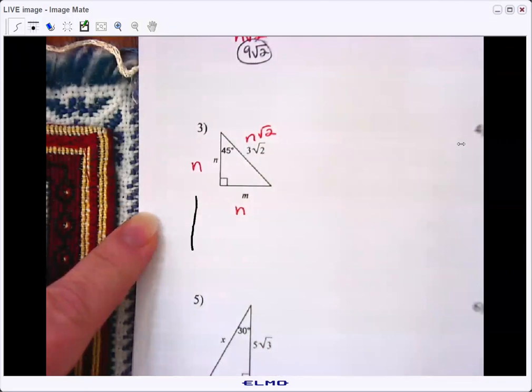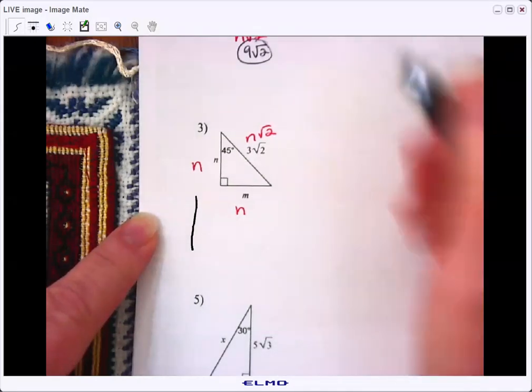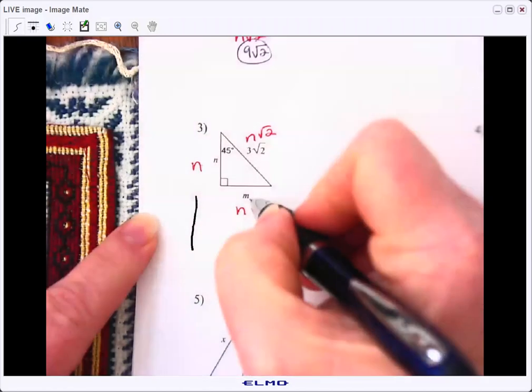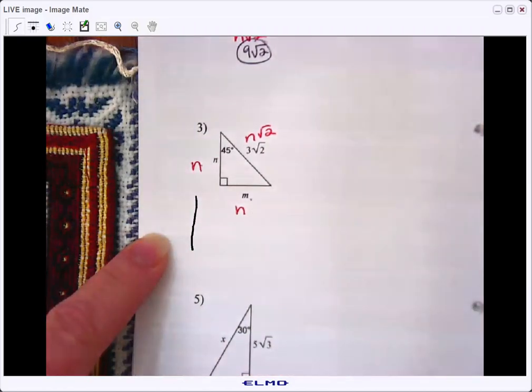We know that the sides are equal, but we need the actual n value. Good, some of you are already ahead of me.